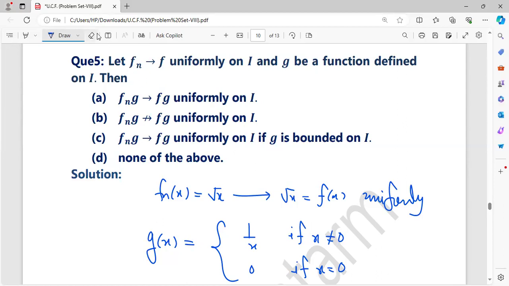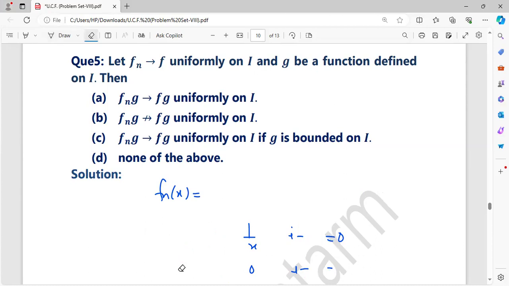Sorry, I am taking here one function. The first option is not correct actually.